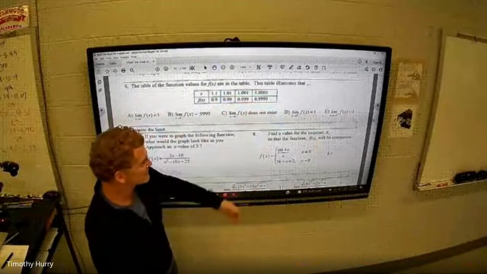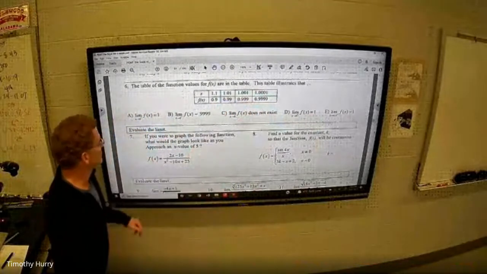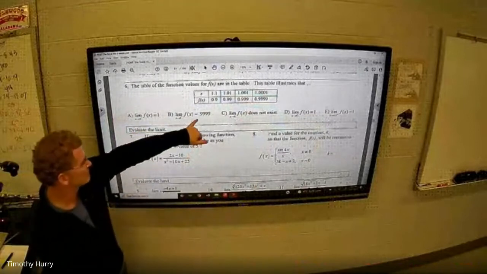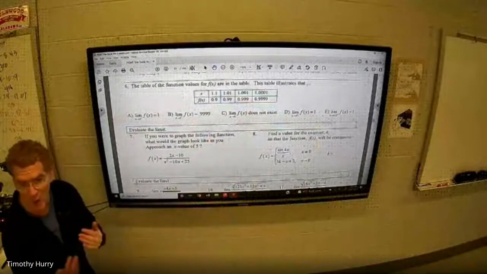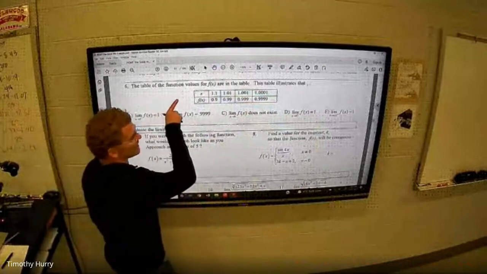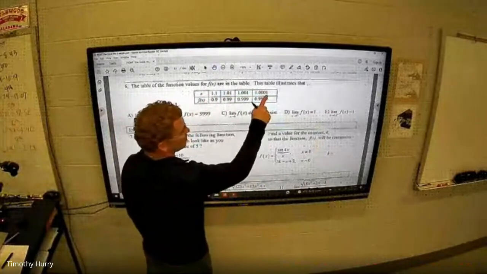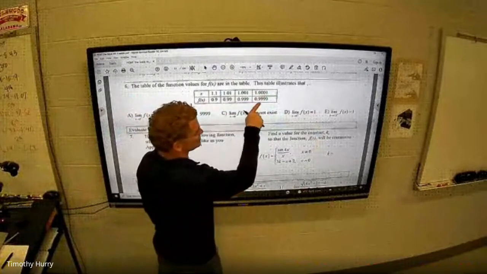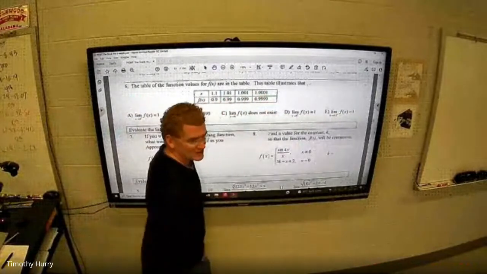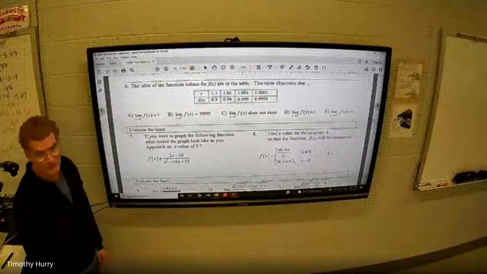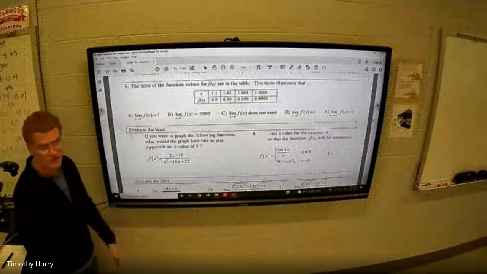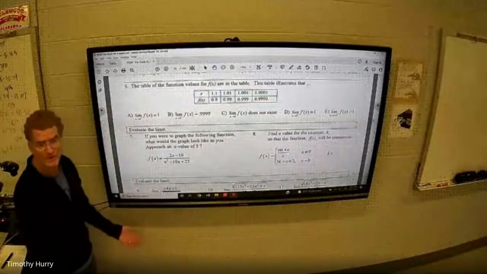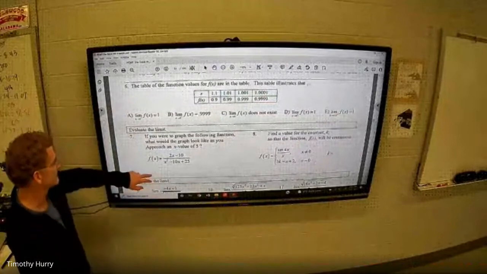I don't see that as an option. So the only one that makes sense would be as I move closer and closer to the number 1 from the right side, I'm getting closer and closer to the value of 1 as my limit. So that's a little test. Now, the first time you see that, you're like, ugh. Hopefully the second time or third time you see it, you'll be fine.